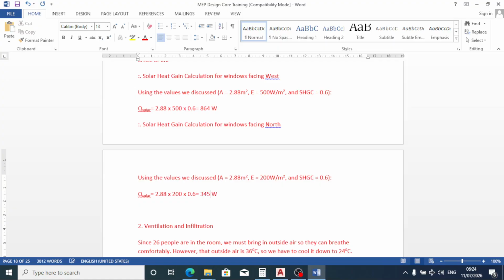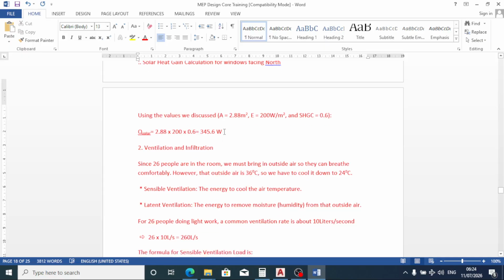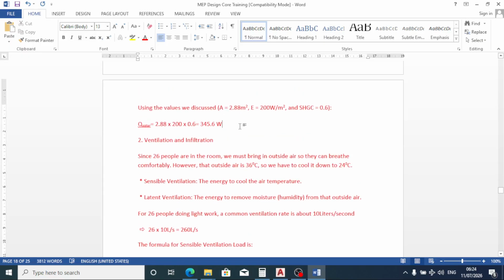Let's leave it at 345.6. Sometimes too much rounding can even disrupt our work. So that is that for our solar irradiance, the sun shining directly through the glass.